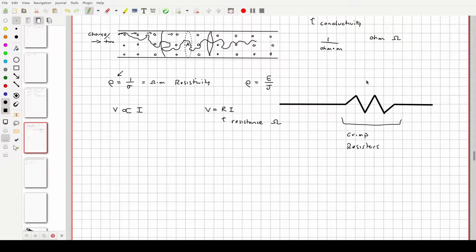They take some of the energy that you're trying to move that current through with, and they turn it into heat. So resistors transform electrical energy into heat energy.